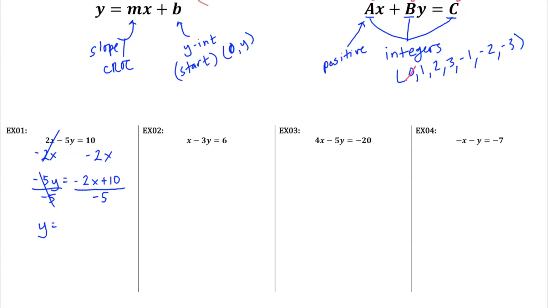We do it two times. A negative divided by a negative is a positive 2 over 5. I can't simplify that, so I'm just going to leave it, 2 over 5, and keep the x. And then positive divided by negative is a negative, so minus 10 divided by 5 is 2. And that's all we have.